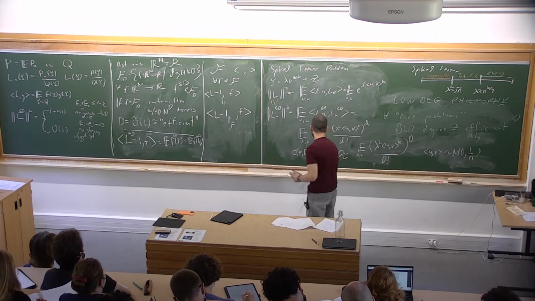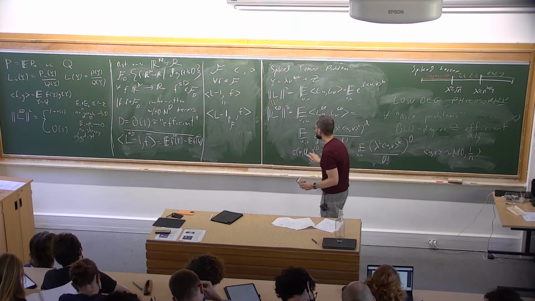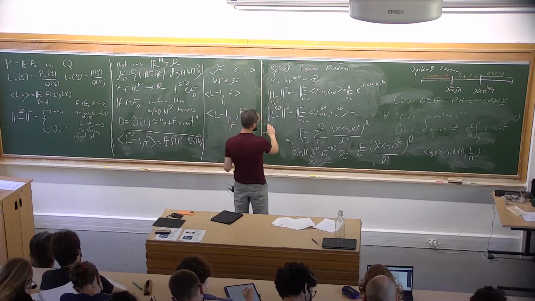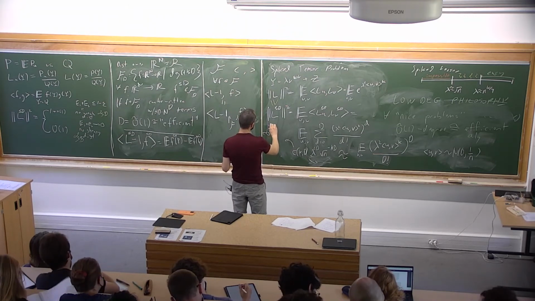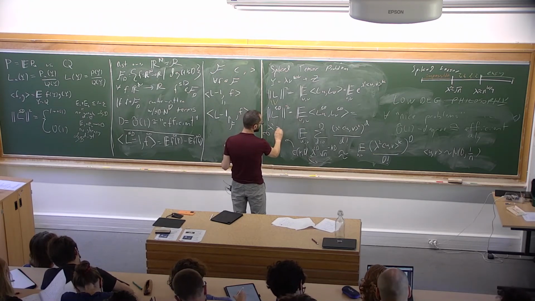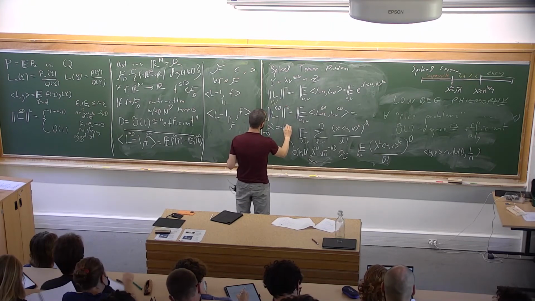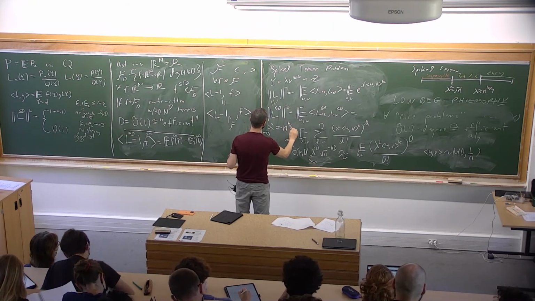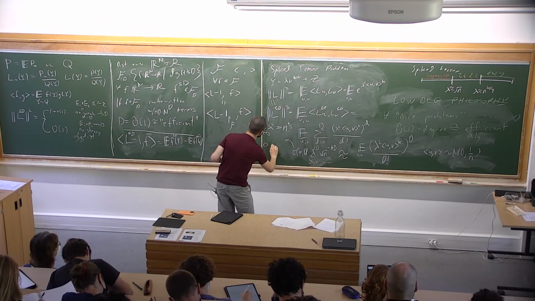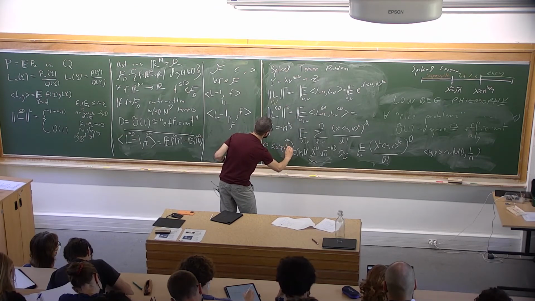This will be infinite if lambda squared is larger than n to the k over 2, or it will be bounded if lambda squared is less than n to the k over 2.